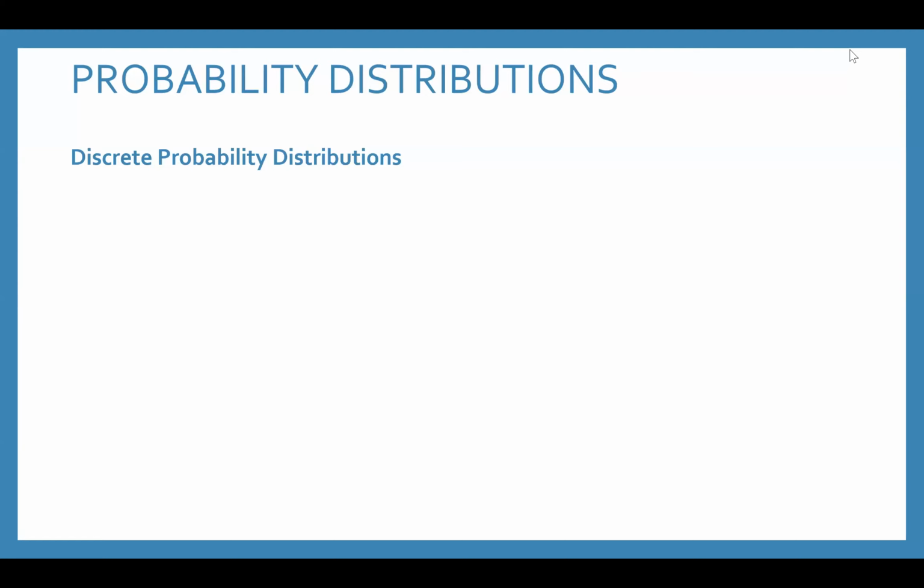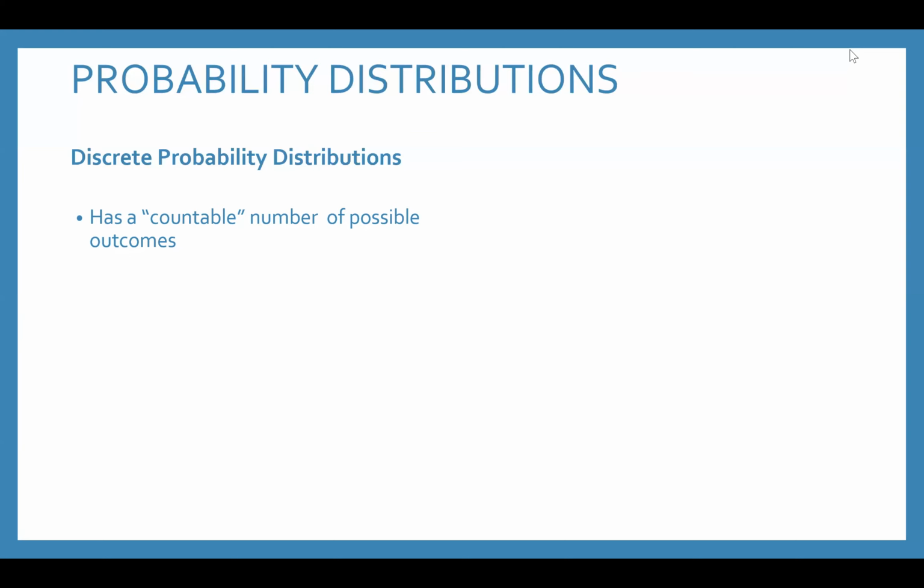Okay. A discrete distribution has a countable number of possible outcomes. Again, think about the example of rolling the die. There are 6 possible outcomes when we roll a die. Flipping a coin, there are 2 possible outcomes.